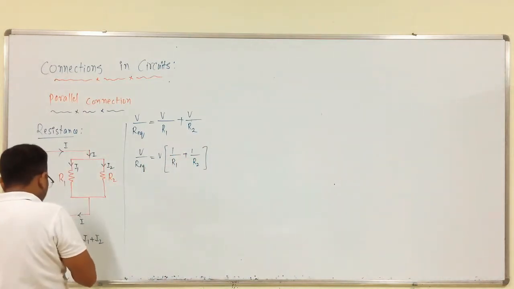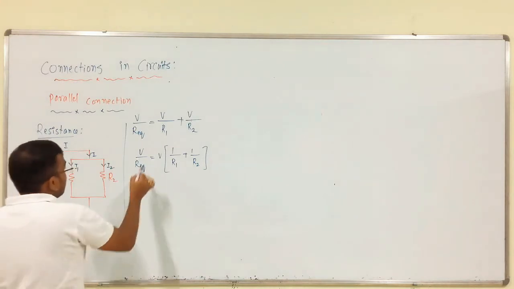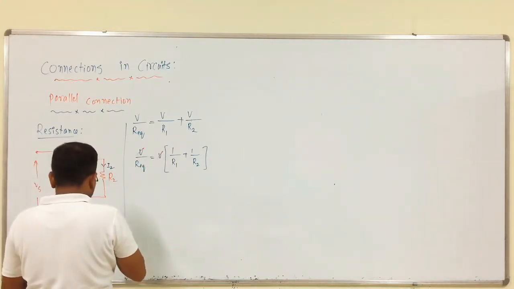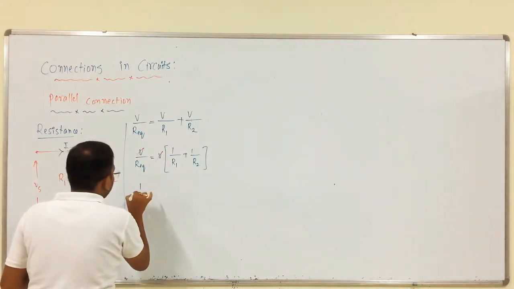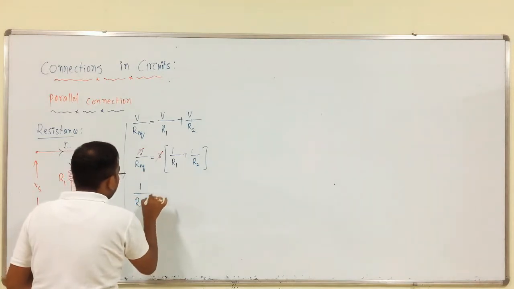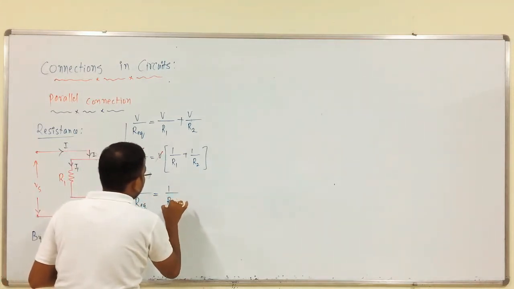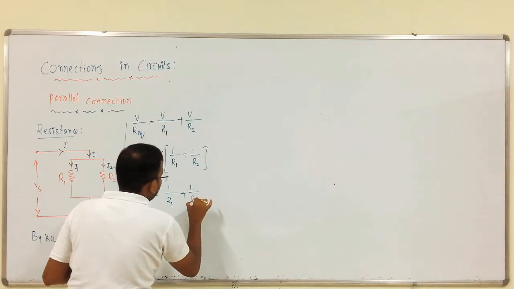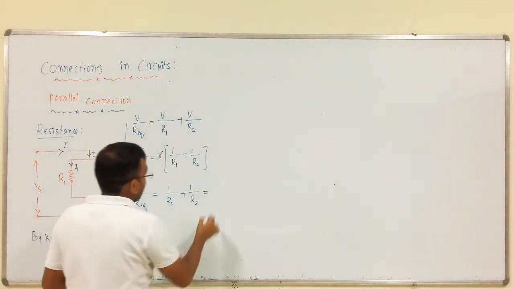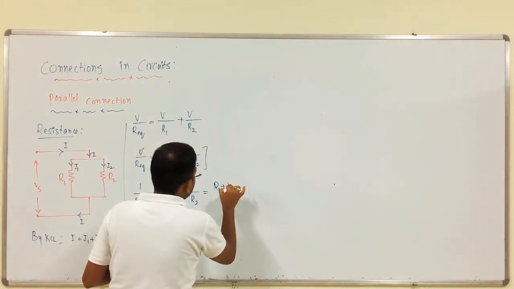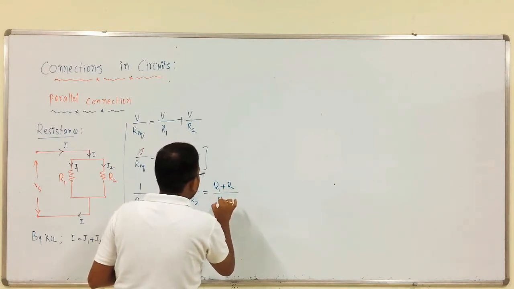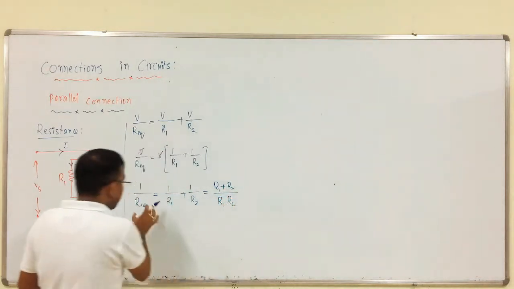V gets cancelled, so 1 by R equivalent is equal to 1 by R1 plus 1 by R2, which is equal to R1 plus R2 by R1 R2.